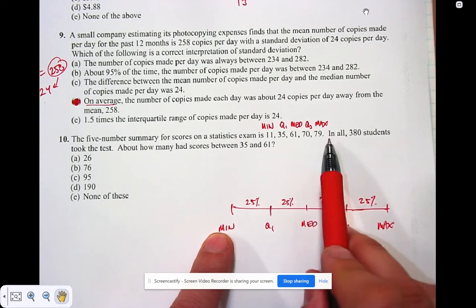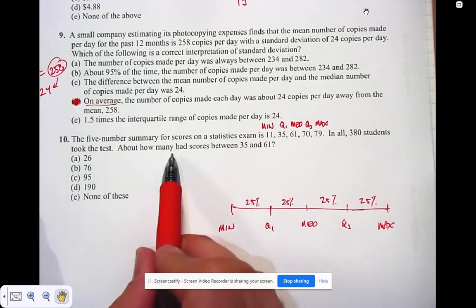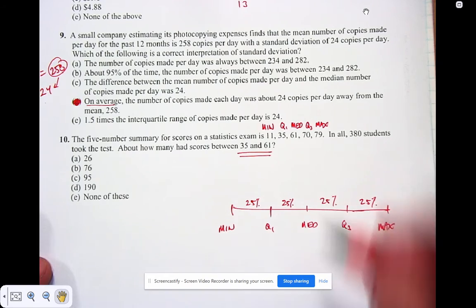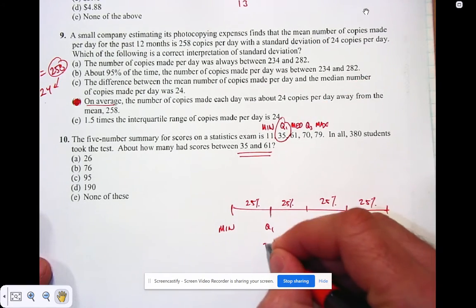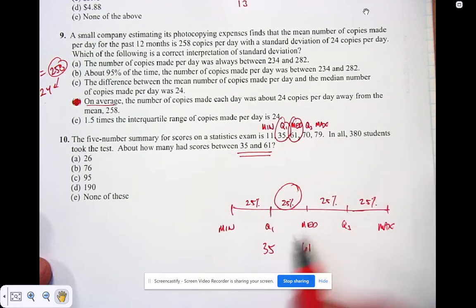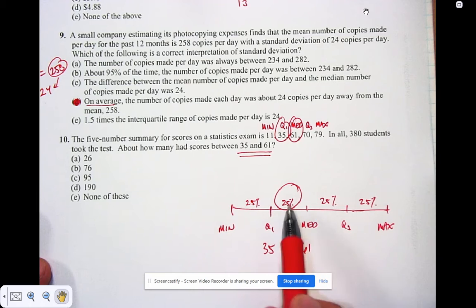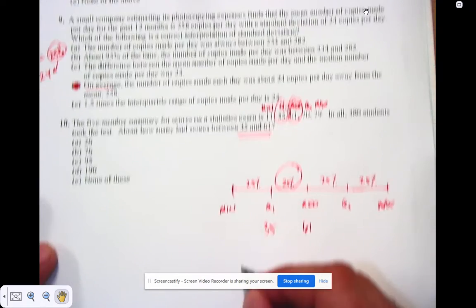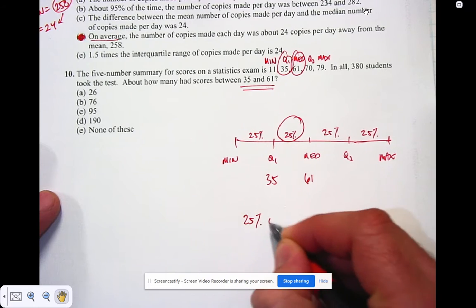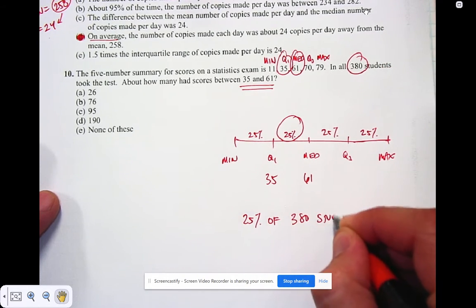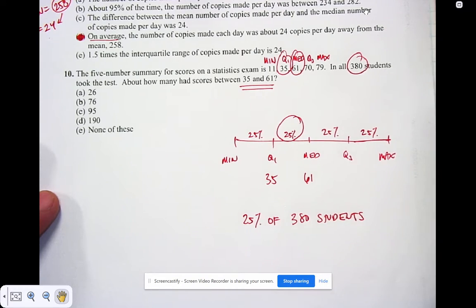So it says, look, in all 380 students, how many scores between 35 and 61? Okay, well, 35 is quartile 1 and 61 is your median. What percentage of the data falls in between quartile 1 and the median? 25% of the data. Okay, so 25% of 380 students, right?